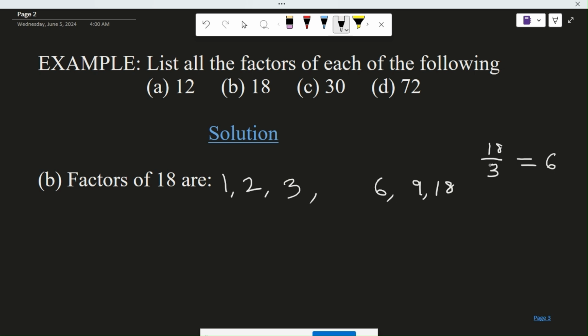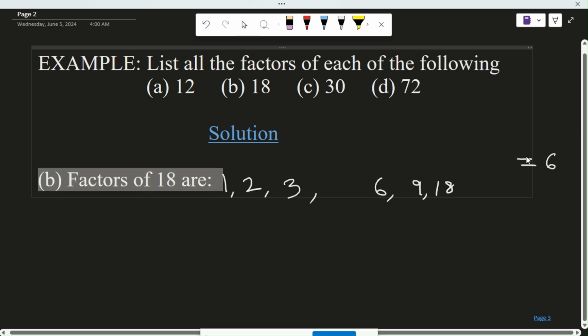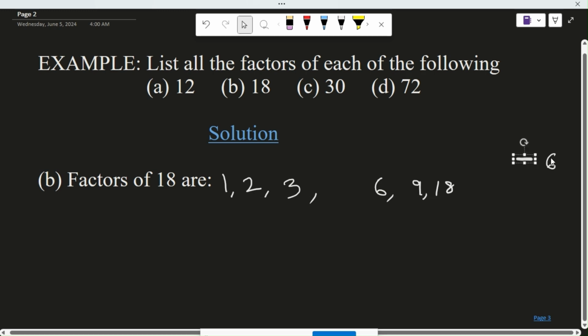After 3 is 4. Can 4 divide 18? I don't think that will be possible. 4 cannot divide 18. If we use 4 to divide 18, there will be a remainder, which means that 4 is not a factor of 18.